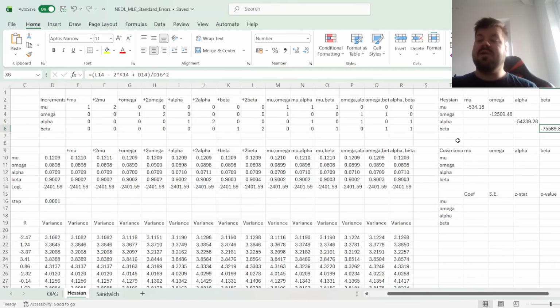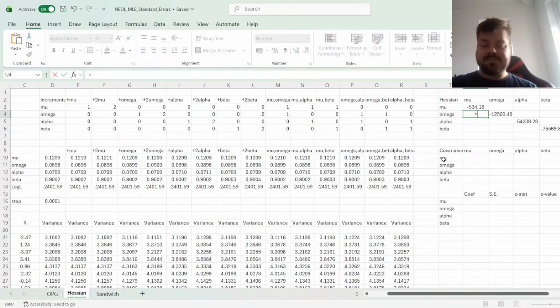And now we have to fill in the off-diagonal elements. We have to fill them in just once, because this matrix is symmetric. The derivative with respect to mu omega is the same as the derivative with respect to omega mu. So here, mu omega, the estimate when we increased both mu and omega, minus the estimates when we increased each of them once, plus the original one, divided by step squared.